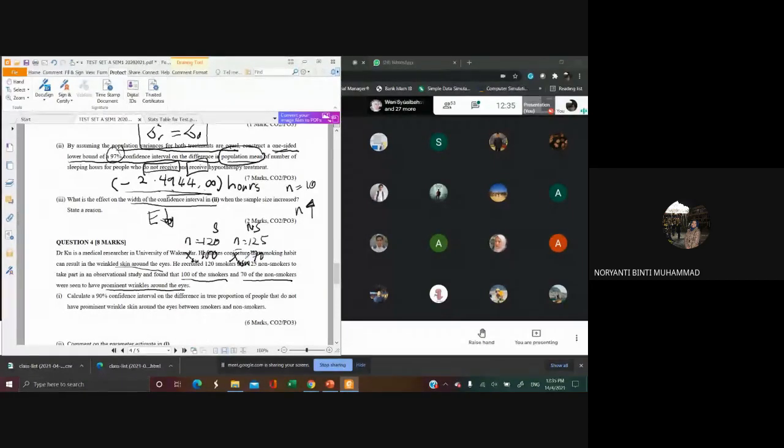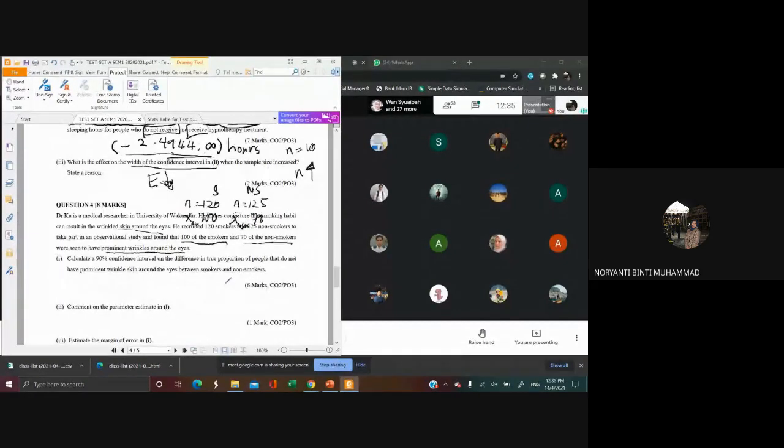So soalan dia, so kalau daripada ayat-ayat atas tu, sebenarnya I boleh cakap dia akan tanya proportion. Okay, dia akan tanya proportion. Sebab daripada 120, 100 yang ada kedut kat mata. So dia ada dua outcome lah kan, kedut tak kedut mata. Alright, itu based on cerita.